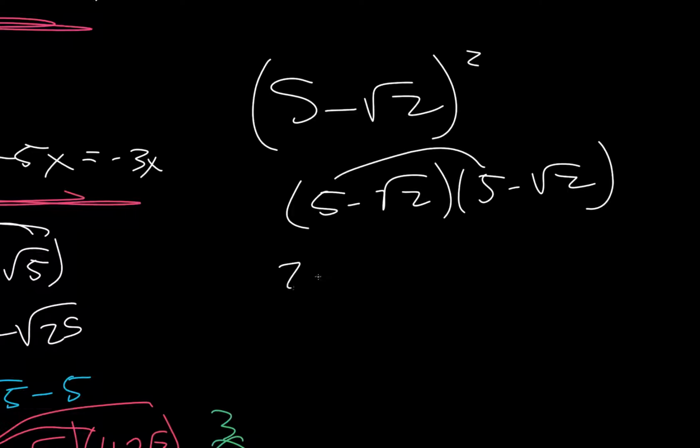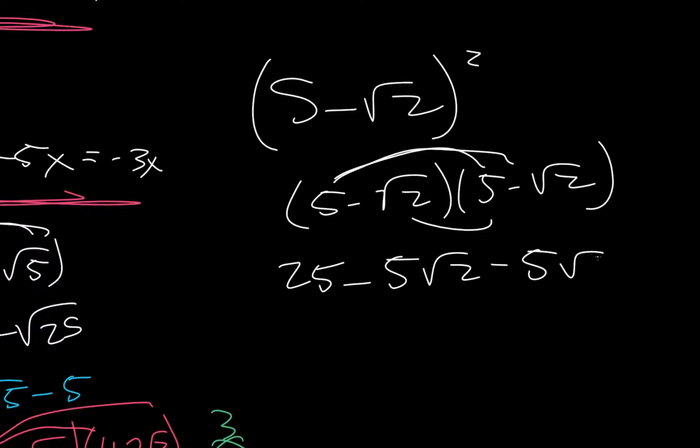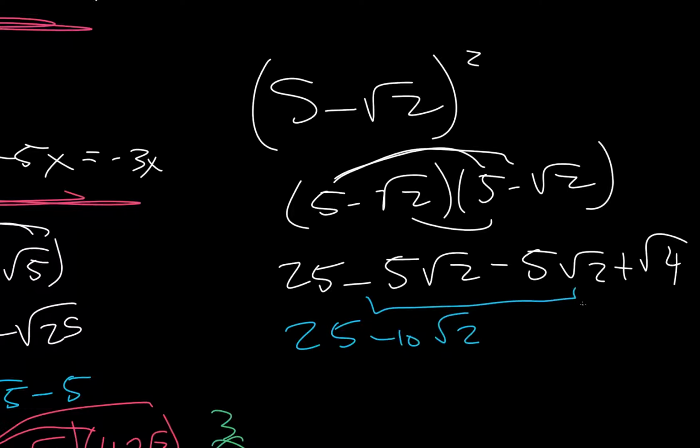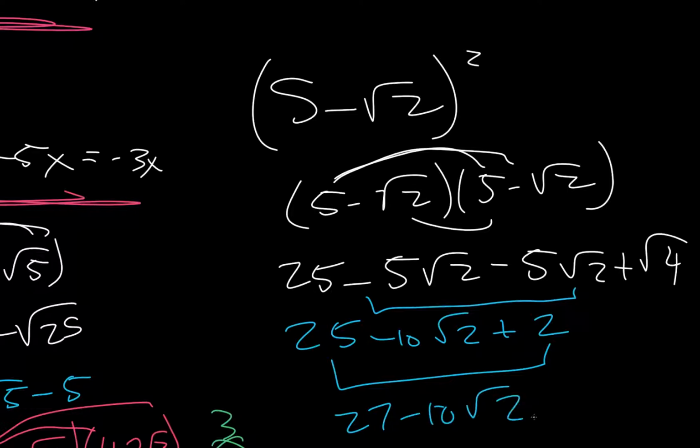So we do 5 times 5 is 25, minus 5 root 2, minus 5 root 2, and then plus root 4. We simplify that, we get 25. Combine both these, negative 10 root 2, and then root 4 is really just a 2. Combine it with the 25, 27 minus 10 root 2.